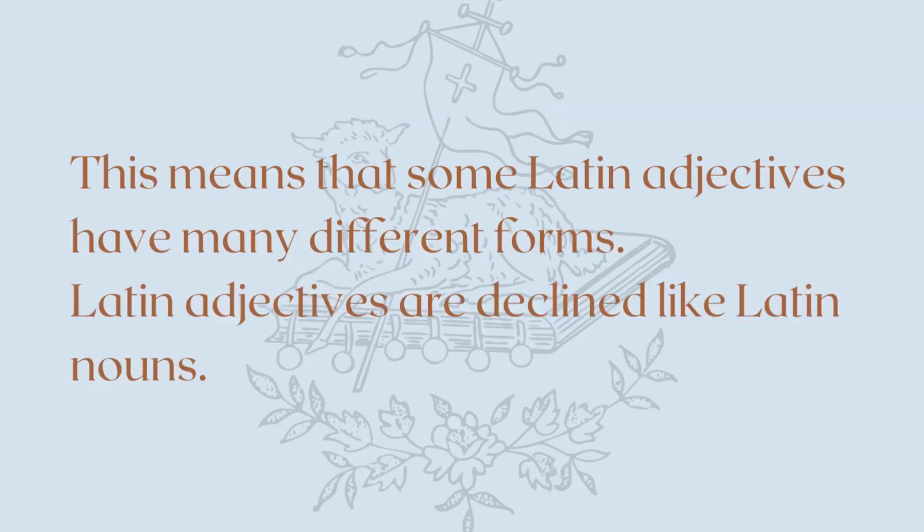Some adjectives have many different forms, one for each case, in singular and plural, for masculine, feminine, and neuter gendered nouns. That's quite a lot for some adjectives, but thankfully they're declined in the same way as nouns. So once you know your noun declensions, you can easily figure out how an adjective is declined.